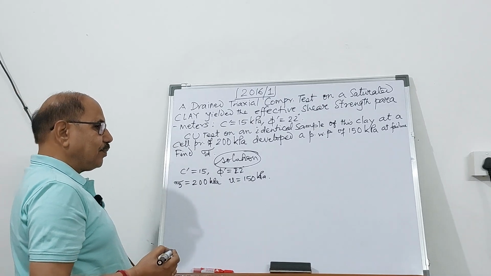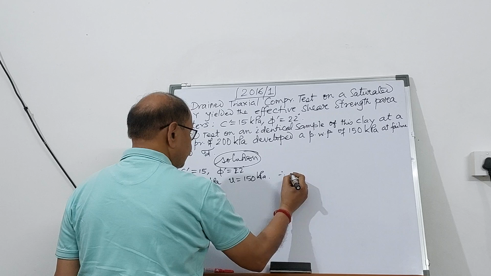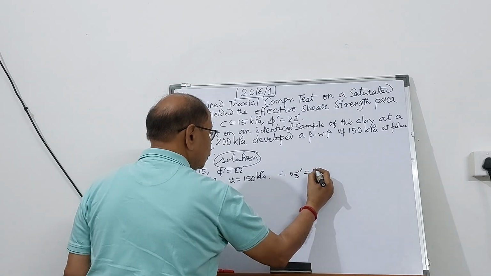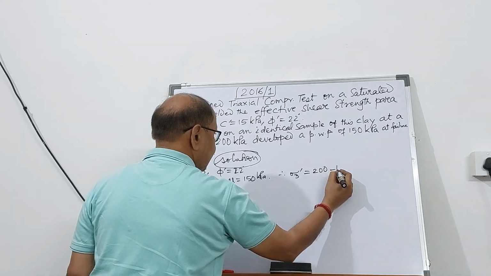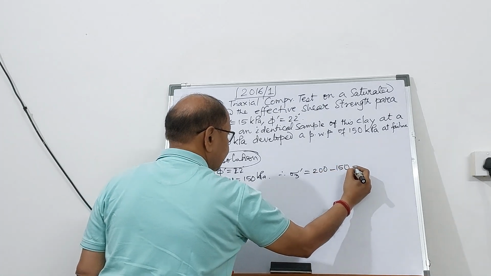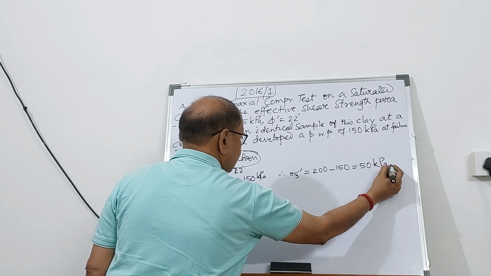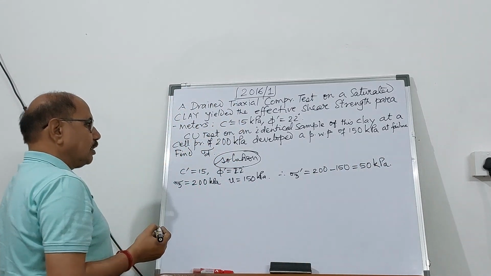Therefore, sigma 3 prime becomes 200 minus 150, that is 50 kilopascal.